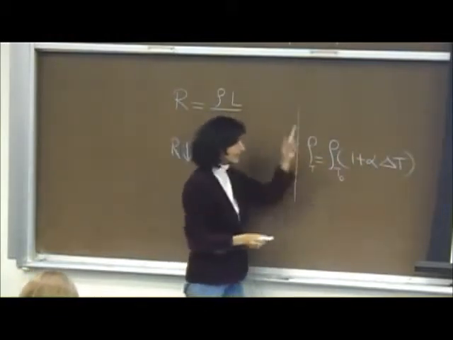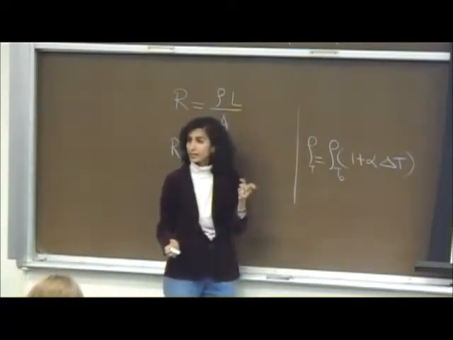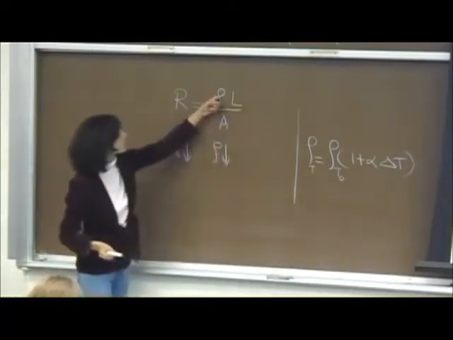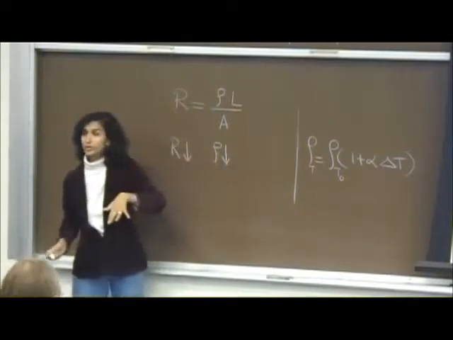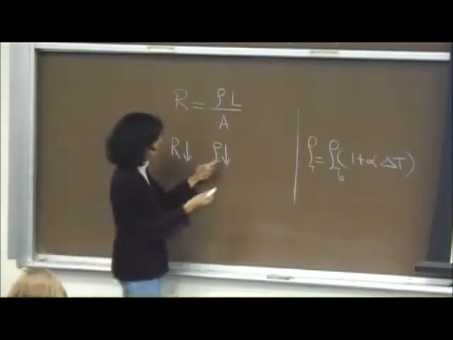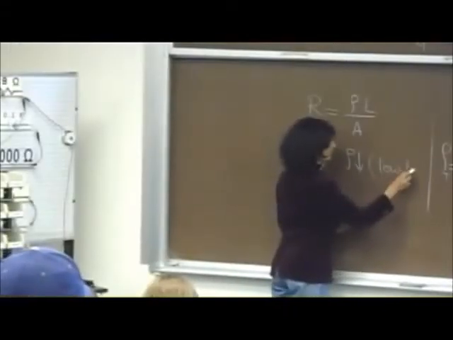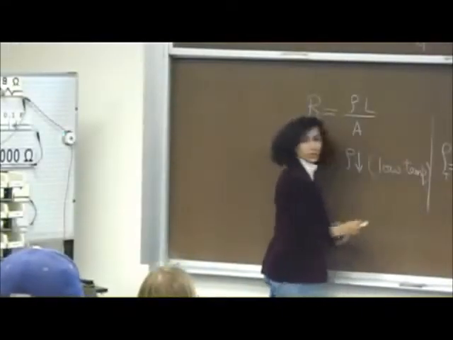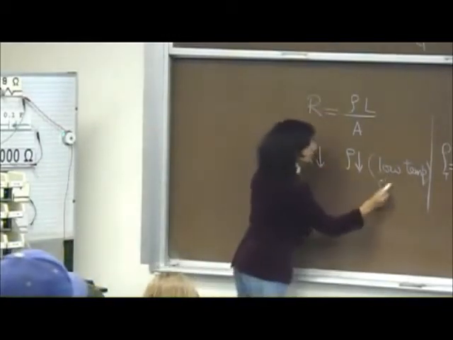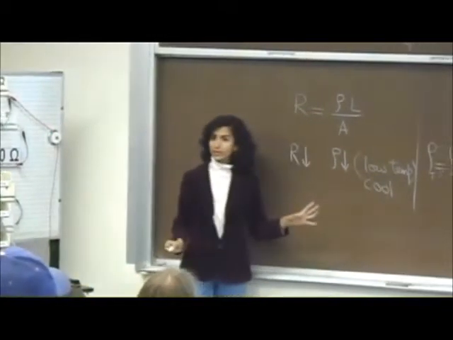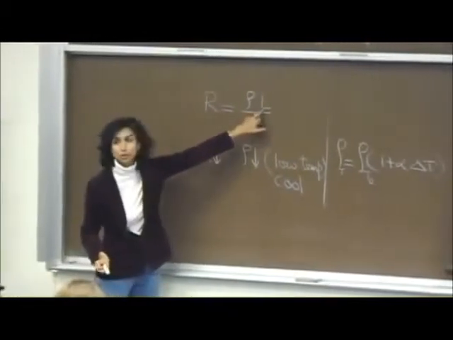So as T increases, the resistivity increases. So if you want resistivity to be small because you want R to be small, that means you're talking about low temperature. So definitely cool. This means cool should be one of the things we pick.